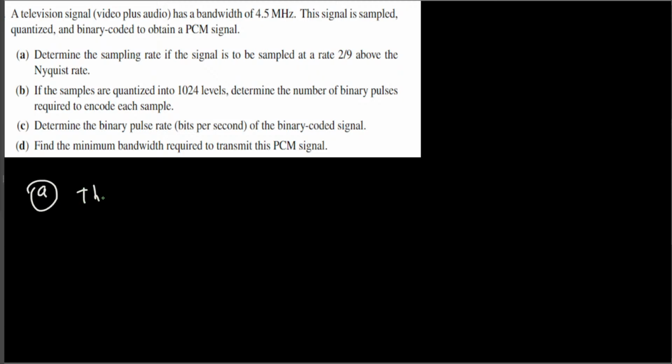The television signal bandwidth is 4.5 megahertz.